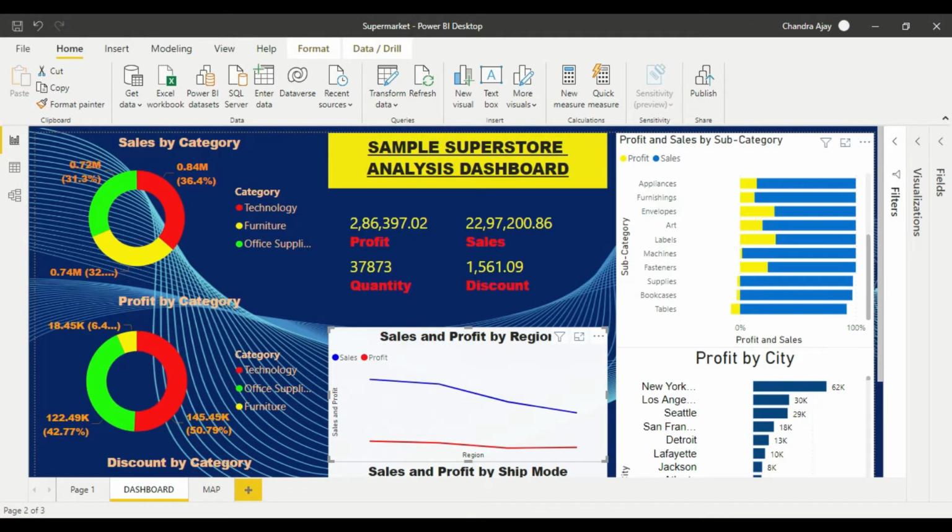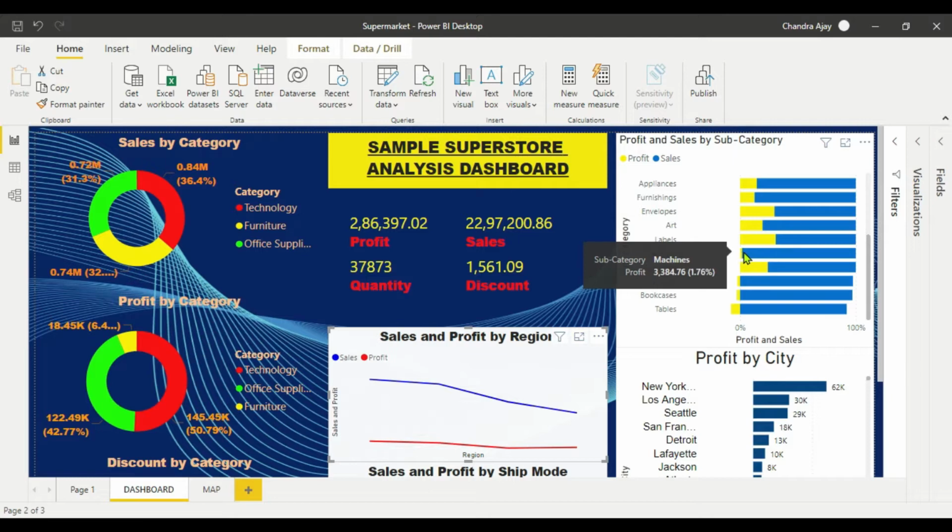Let's do analysis on the profit and sales based on the subcategory. These are the subcategories available in our data, and this yellow shade is the profit and the blue shade is the sales. Now if we go down, we can see that supplies, bookcases and tables actually have negative profit, which is actually a loss, and you can also see that machines has the least profit of around 1.6% only.